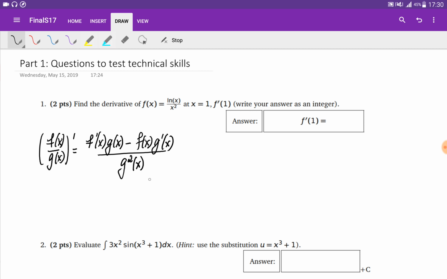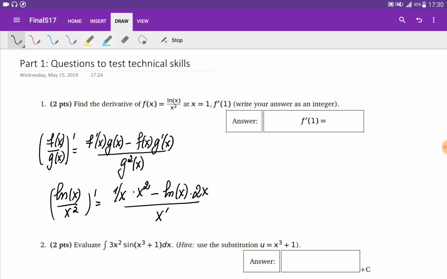So let us take the derivative of ln of x over x squared using this formula. This is going to be the derivative of ln, which is 1 over x, multiplied by x squared, minus the first function ln of x multiplied by the derivative of the second, which is 2x, divided by x to the power of 4. So we need to evaluate this derivative at x equal to 1.